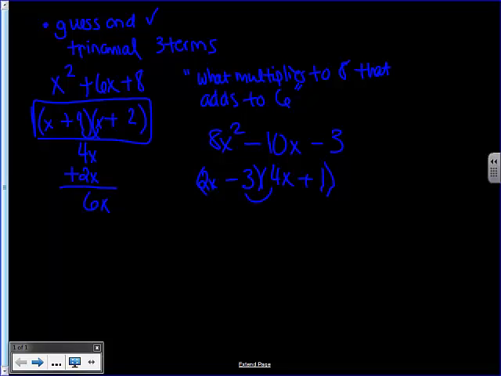Negative 3 times 4 is negative 12x. 1 times 2x is positive 2x. Add those together, do I get my negative 10x? Yes, I do. So those are my factors. Hence, guess and check.